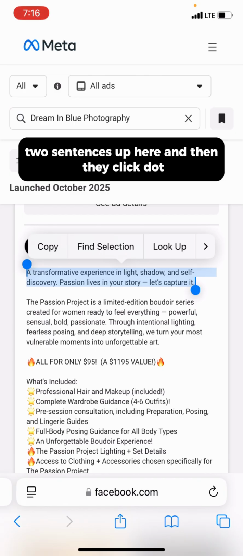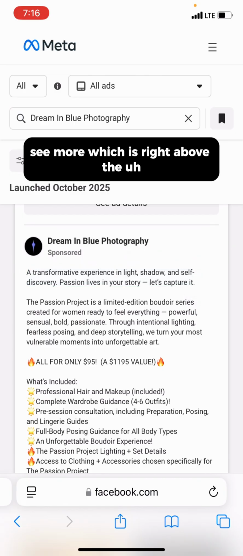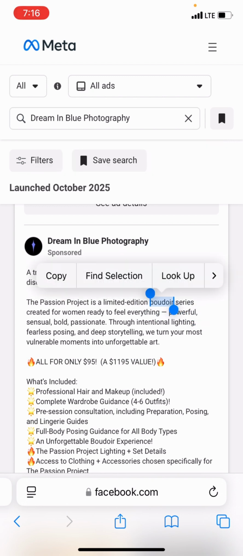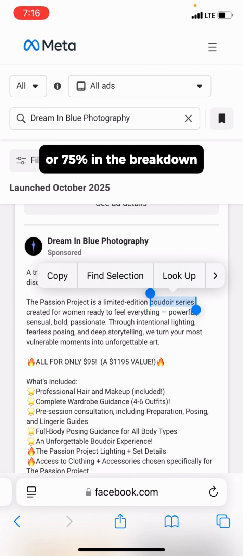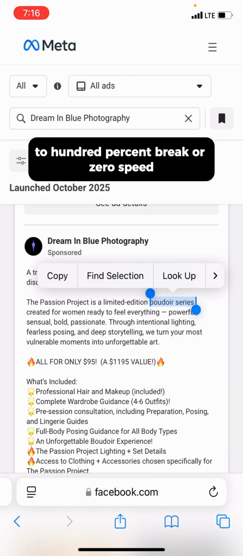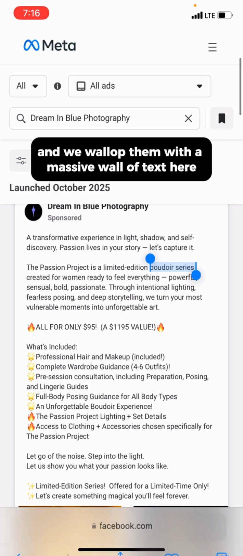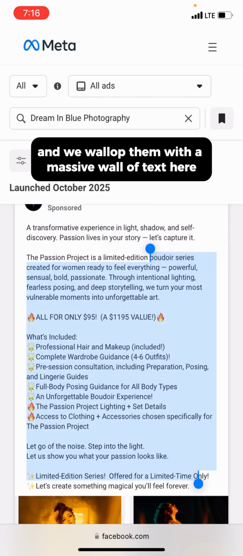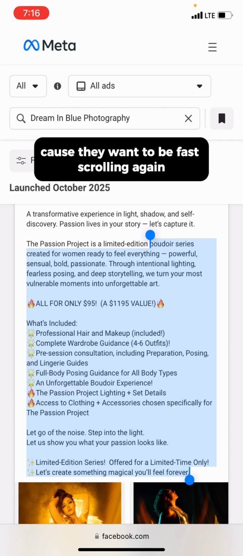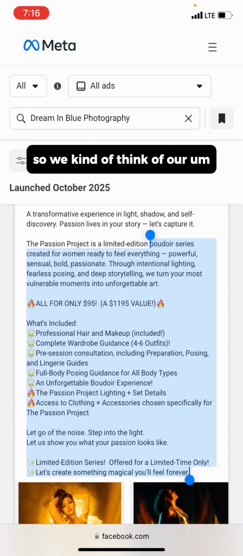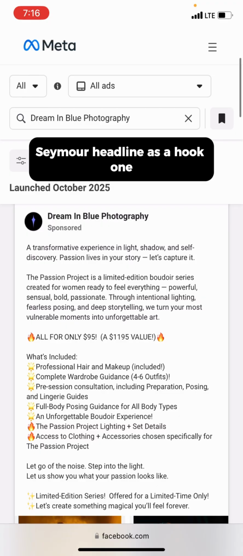It's 2 sentences up here, and then they click see more, which is right above the Boudoir series here, and that takes them from slow brain at like 75% speed or 75% hitting the brake down to 100% brake or 0 speed, and we wallop them with a massive wall of text here. Wallop. And then their TikTok brain's like looking for any excuse to go because they want to be fast scrolling again. So we kind of think of our see more headline as a hook 1.